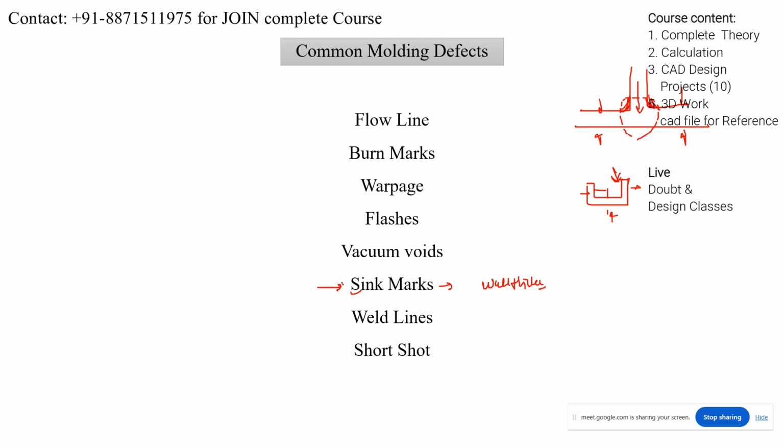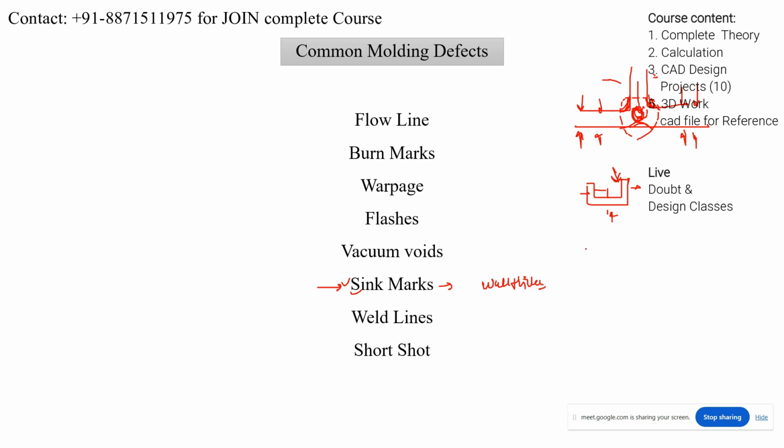That's why sink mark will be produced during cooling, because the outer portions cool rapidly, and the inner portion of this section produces a sink mark. Oh, this I understood.